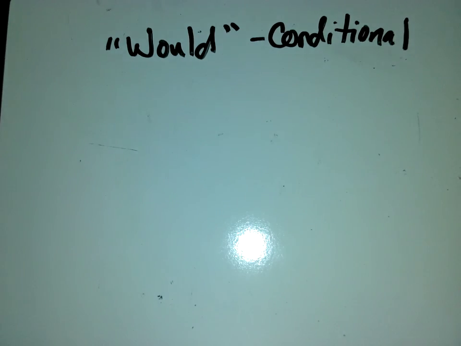Will. Yeah, so each time we used it, we said what we will do. I will go, he will see, they will run, and so forth. Well, in this tense, our key word is going to be would. So I would run, he would see, they would go.